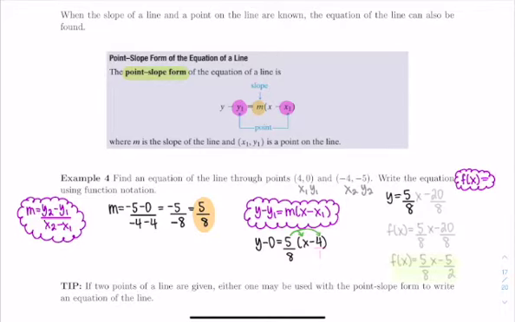I have 5 over 8 times x. And then remember, when we multiply with fractions, we multiply across the top and bottom. So we have 5 times -4, which is -20, all over 8, since we can always write this with a denominator of 1.